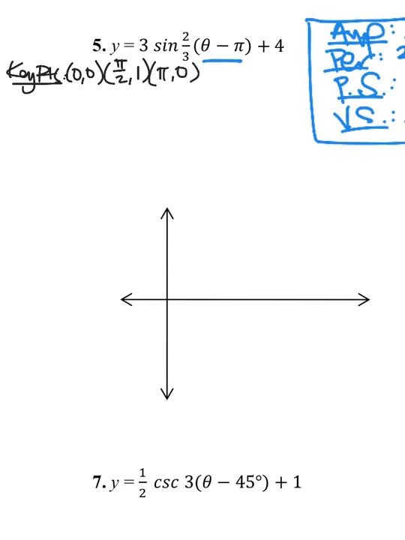Pi goes to 0. 3 pi over 2 goes to negative 1. And at 2 pi, it's at 0. I find it easiest to remember those just by visualizing the graphs. I see that kind of wave formation, so I go middle, up, middle, down, middle. All right, my next step, I'm going to go ahead and incorporate my amplitude and period.